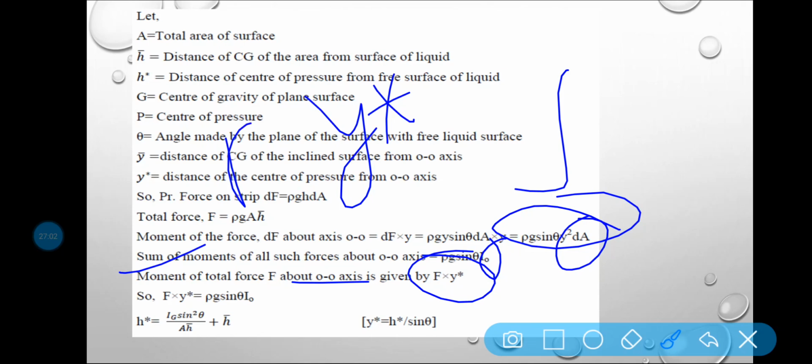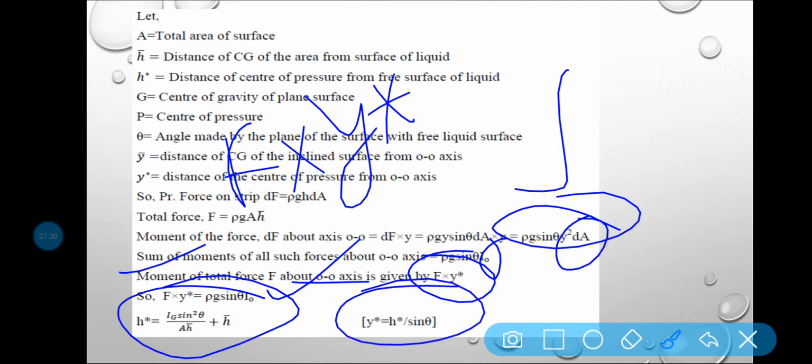So F into y star is the moment of the total force F about the axis. So F into y star is equal to rho g sin theta I, and mathematically if I simplify this equation, h star is equal to I g sin square theta by A h bar plus h bar, where y star is equal to h by sin theta.